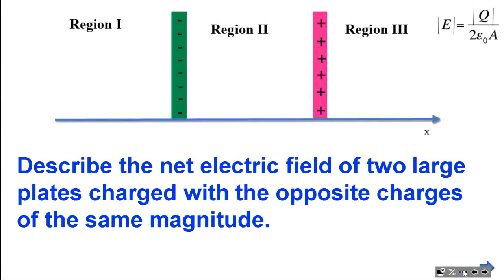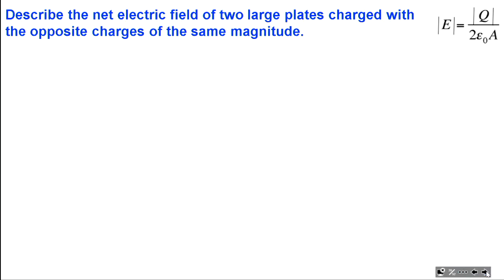Well, of course, we have to start from one plate first. So let's imagine this is a very, very large, positively charged plate. And the charge is spaced uniformly, so the density of the charge is constant.